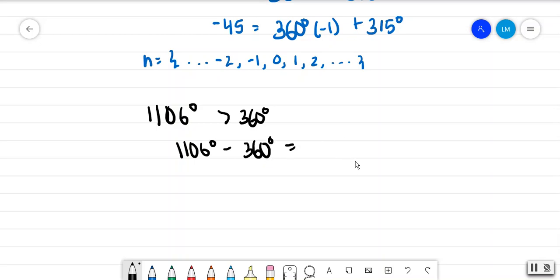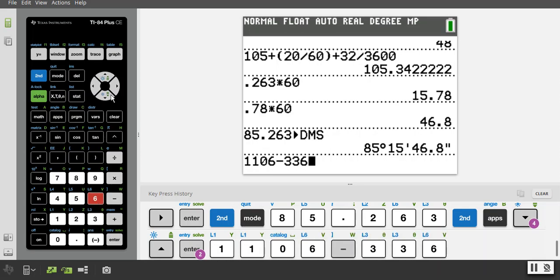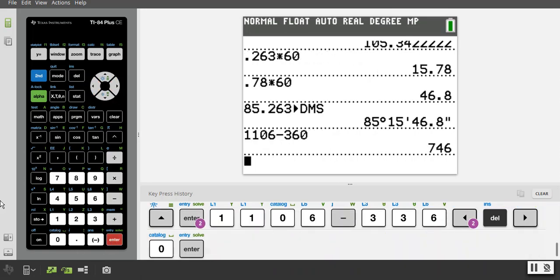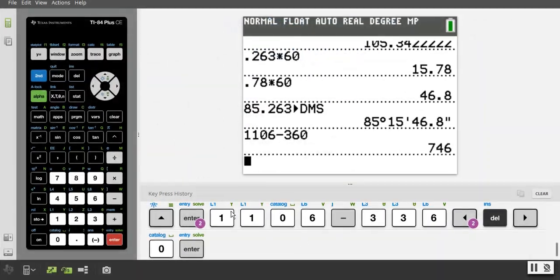That's going to be 746. Now, 746 is still too big, so it still needs to be subtracted. So you have 746 minus 360 degrees. In this case, that's where we need it, because essentially you need theta prime to be somewhere between 0 and 360.